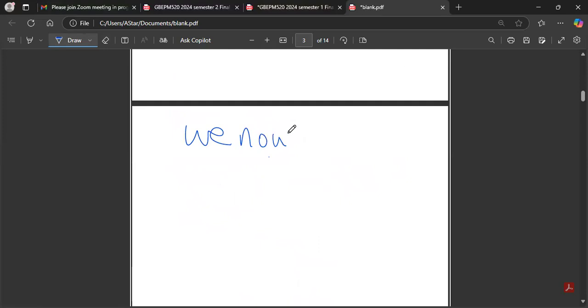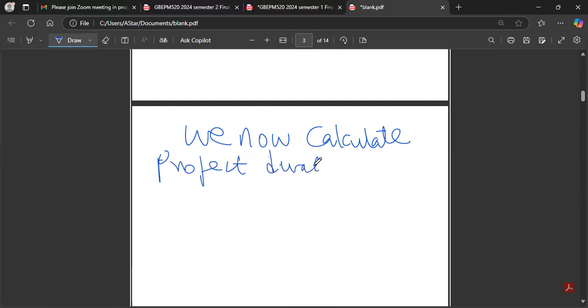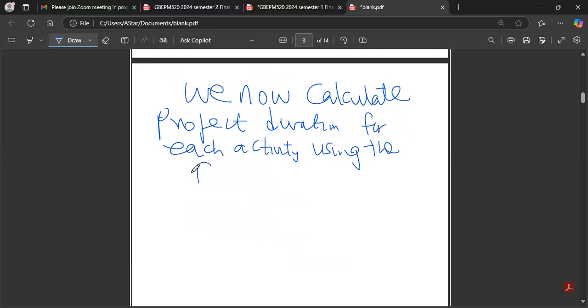We now calculate the project duration for each activity using the formula.